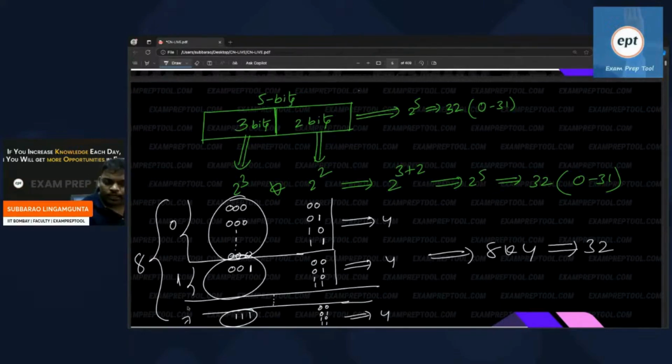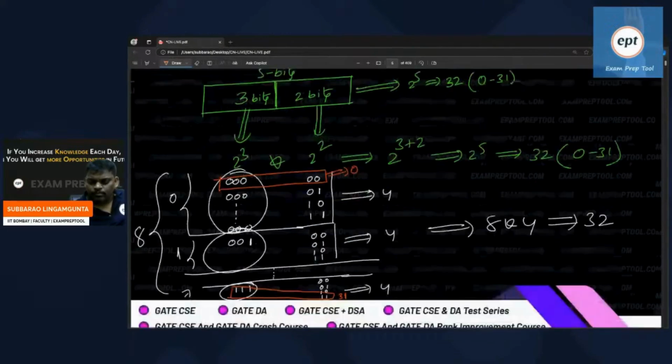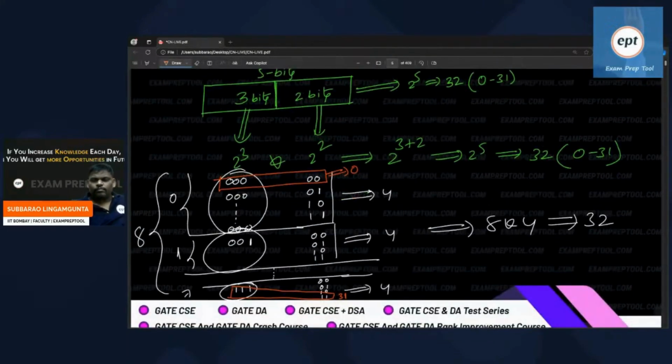In those 32, if you observe clearly, this is 0 and this is 31. One work can be done in m ways, another work in n ways, both can be done in m into n ways.